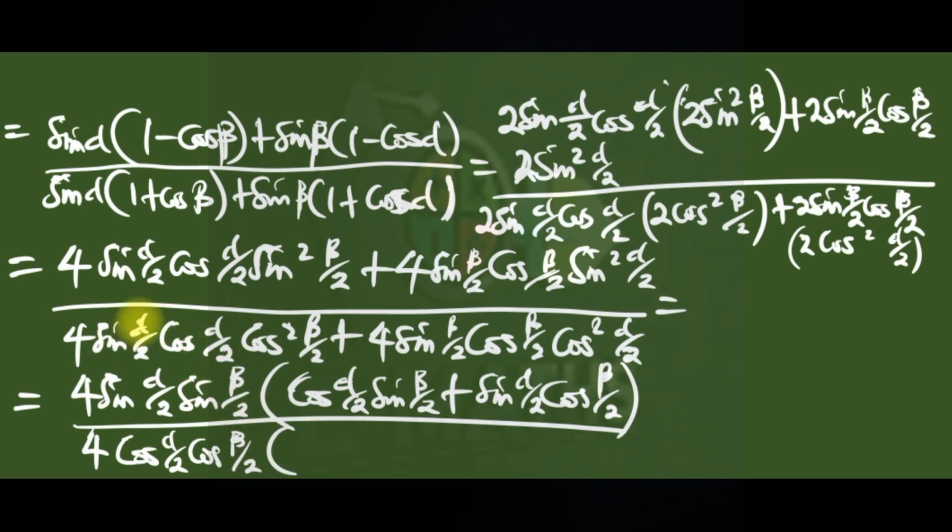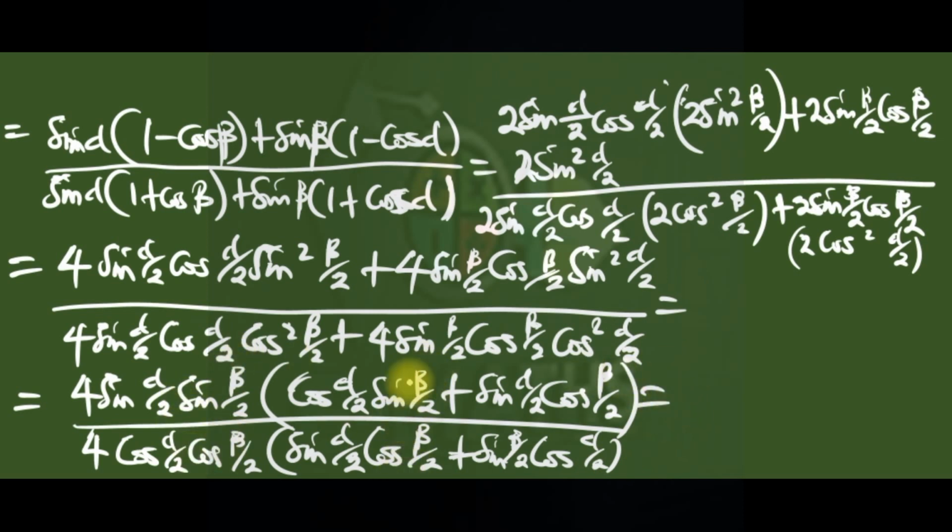So we are left with sine half alpha and cos half beta plus sine half beta and cos half alpha. What do you notice? This and this are the same.